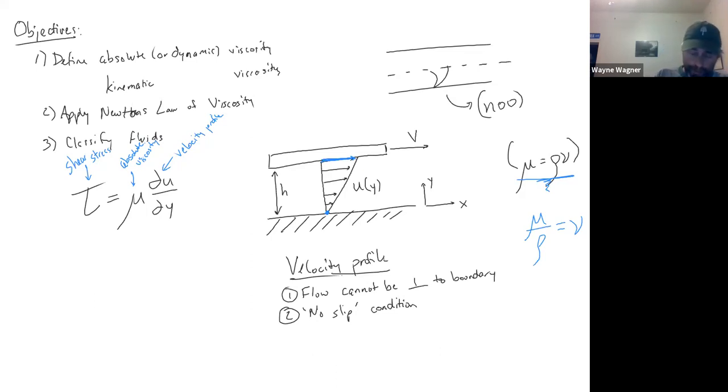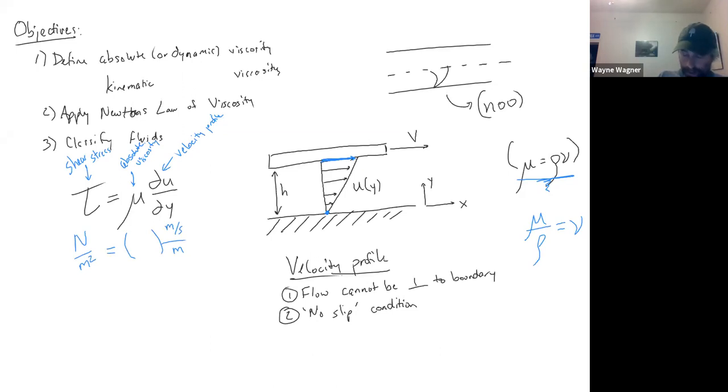Well, we can figure it out from this. So this shear stress is a stress, so it's newtons per meter squared. That equals, well, I don't remember what these units are. U has meters per second, and dy has units of meters.